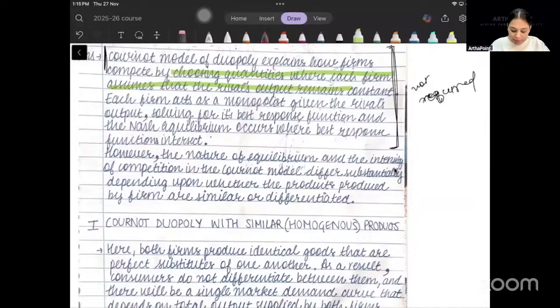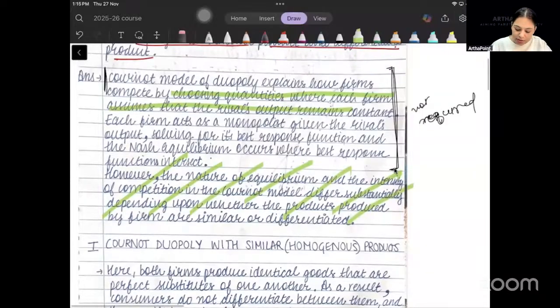That's not required. However, the nature of equilibrium and intensity of competition in Cournot model differs substantially depending upon whether the products produced by firms are similar or differentiated. Not required. You are already proving that, so no need to mention that in the introduction.